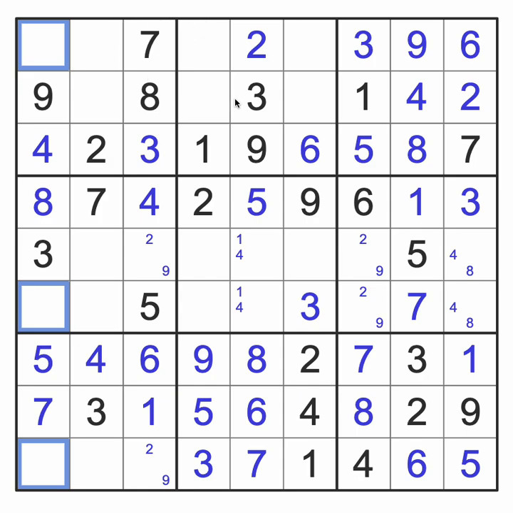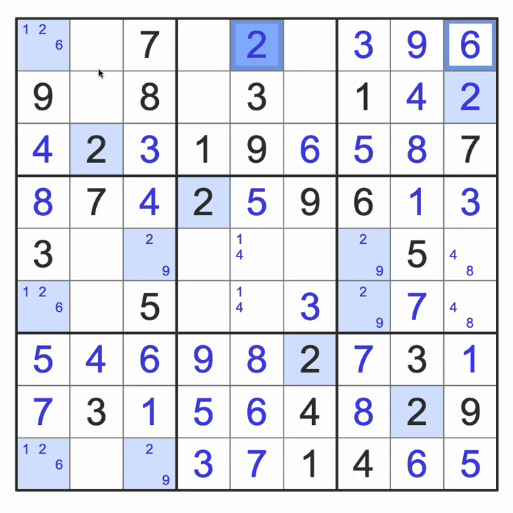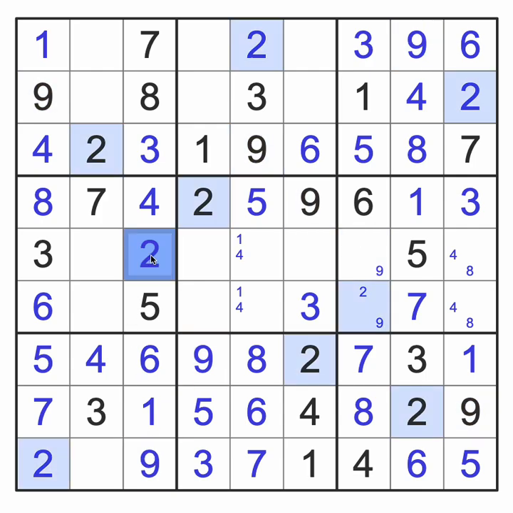This column is looking for 1, 2, 6. 2 in box 2 and 6 in box 3 blocks this cell, gives me 1. And the 6 in box 9 blocks this cell, gives me 2 and 6. That 2 has made this a 9. That gives me 2.